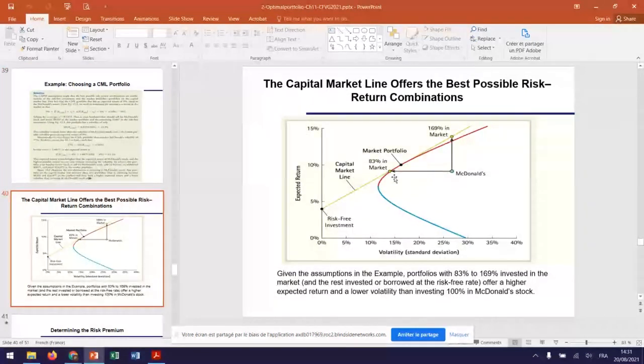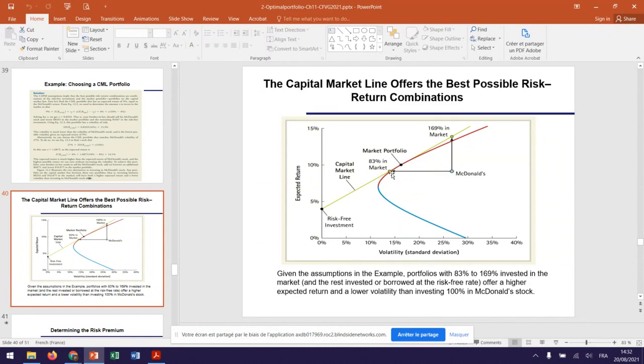In that case, he's going to stand on this capital market line, and you can see here he can have the same return as McDonald's, but significantly reduce the level of volatility he will hold.